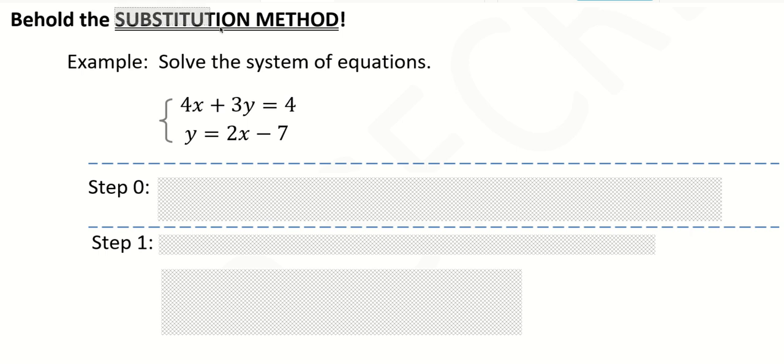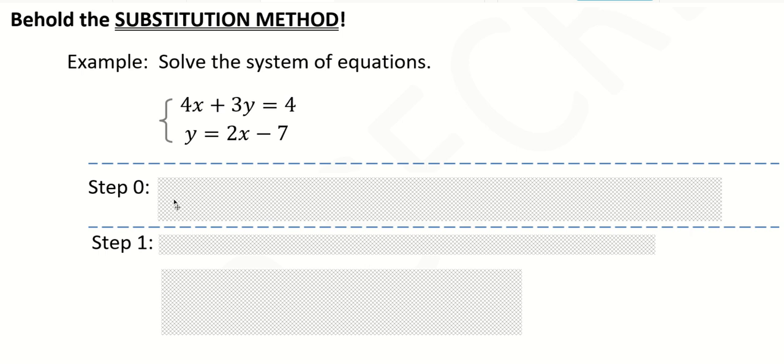Probably going to involve some substitution at some point. A little foreshadowing there. So if we had to solve this system, again, we could technically graph these lines and see what's going on with where they intersect. But here's what the substitution method entails.